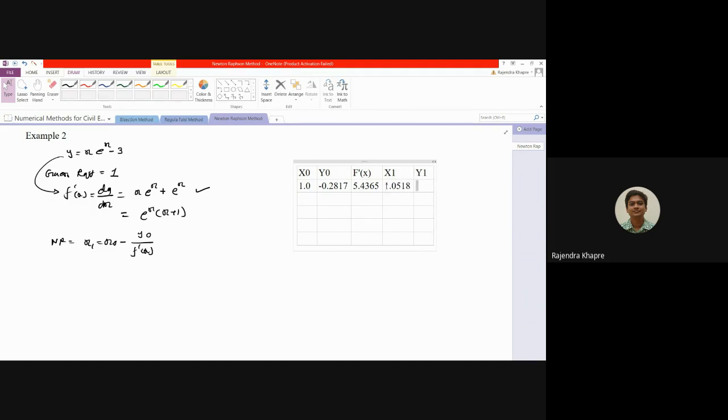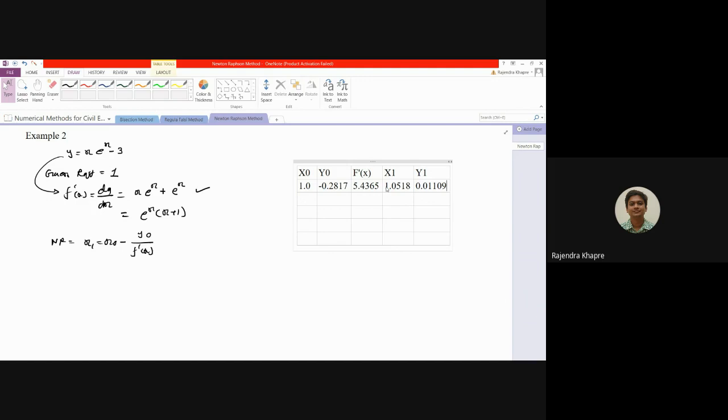And what will be the corresponding value of y1? 0.0110.